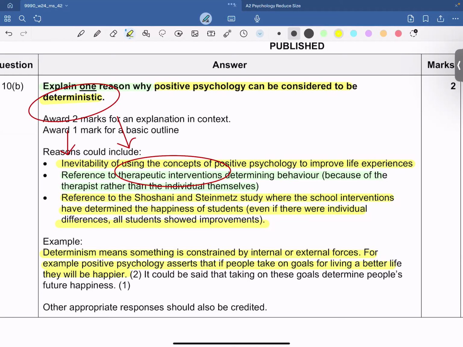Like for instance, at the beginning of this revision lesson, when I had said, know your issues and debates well. If you have a look at the past papers, you'd see that these issues and debates have been essential for any student sitting for paper number 3.